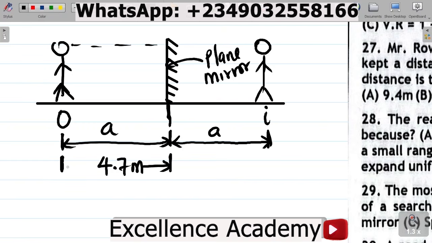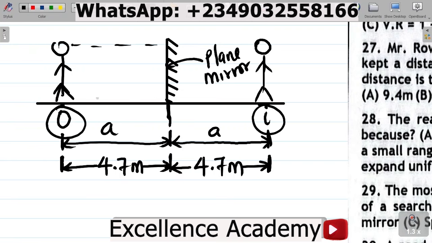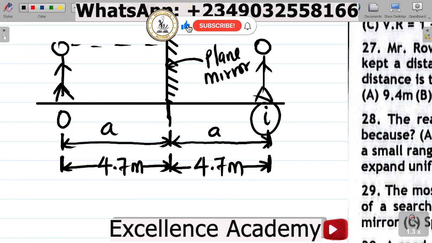If this is 4.7 meters, we know that the image will be formed at the same distance, 4.7 meters. That's why it's a plane mirror, all right? That means the image distance and the object distance will be the same. Also, the image size and the object size will be the same.